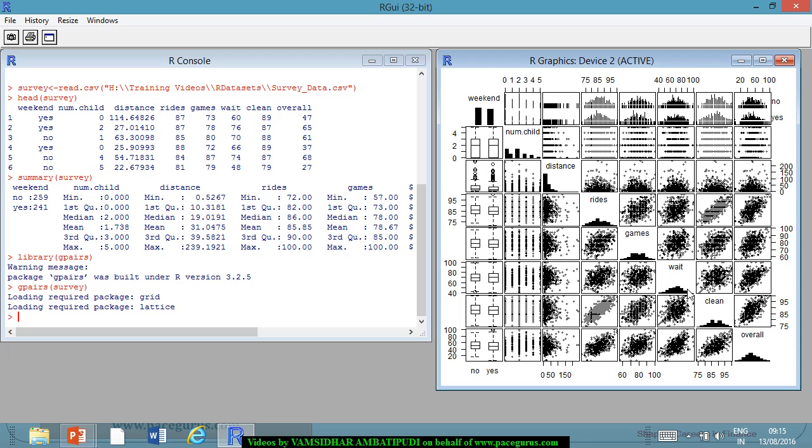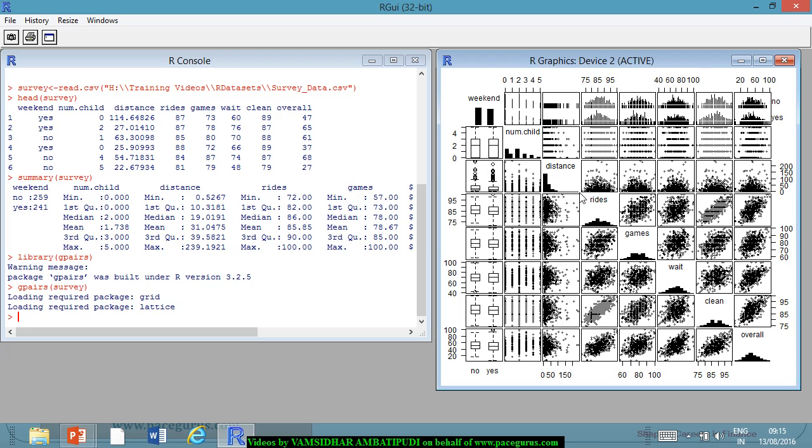Rides, games, wait times, cleanliness, overall look like they are normally distributed. So I may not be interested in touching those, but because the distance is looking pretty much skewed, I can very well go with transforming it.